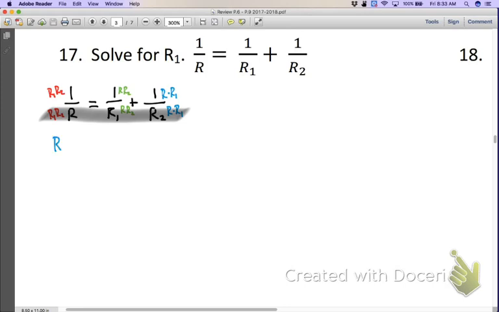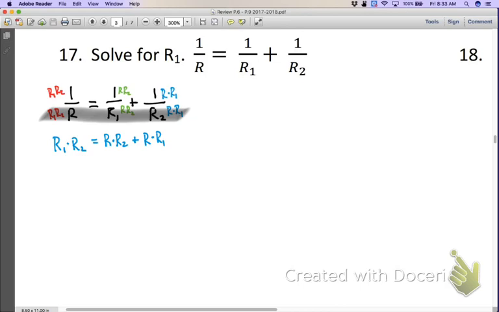So if I have r sub 1 times r sub 2 equal to r times r sub 2 plus r times r sub 1, I want to get r sub 1 by itself.